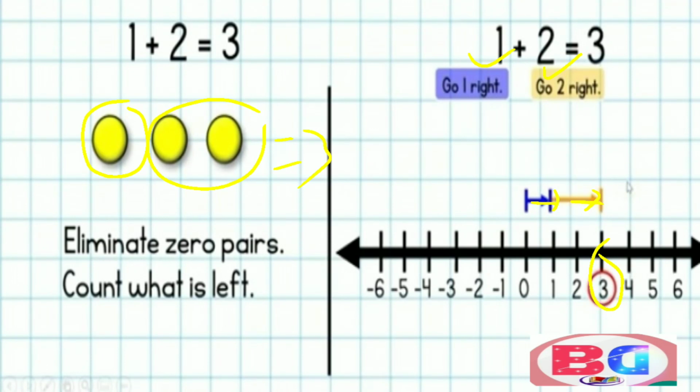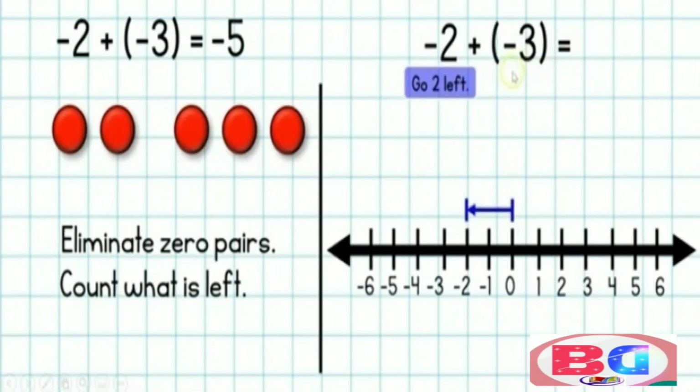At last we reach the point 3, so the value of 1 and 2 is 3. Let us see when we are given 2 negative integers. One red is an indication of a negative integer, so for -2 we take 2 red buttons, and -3 is also given, so 3 red buttons. Now the total value of the red buttons is 5, the same color.